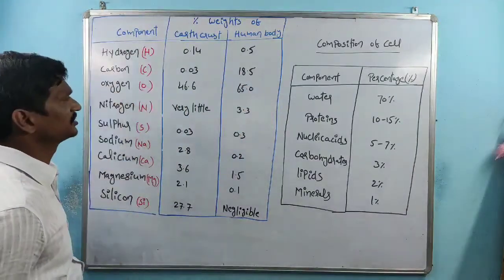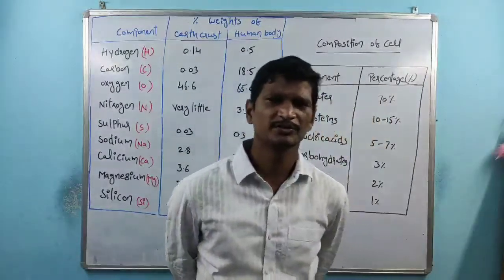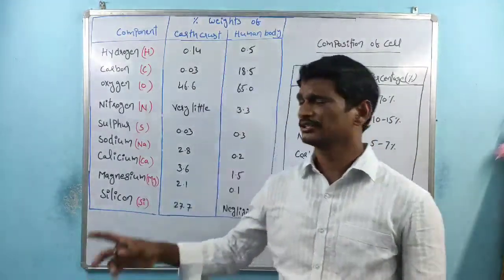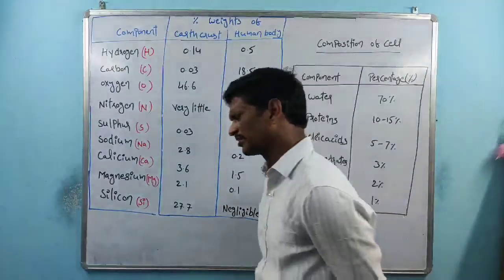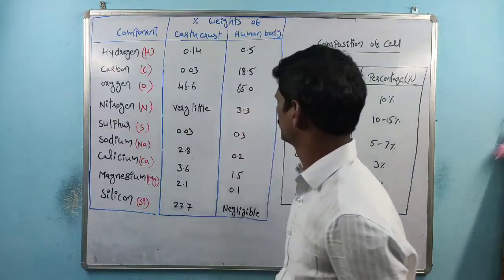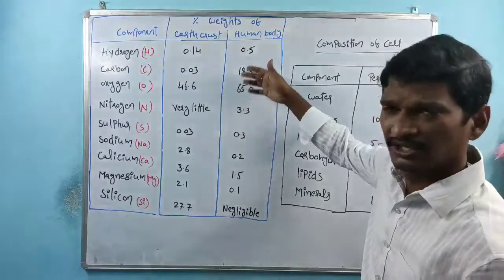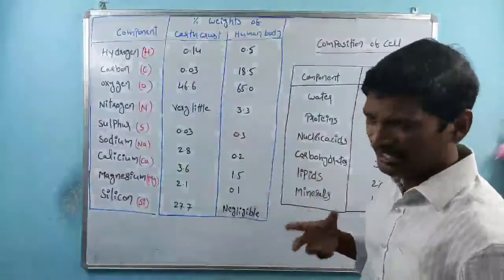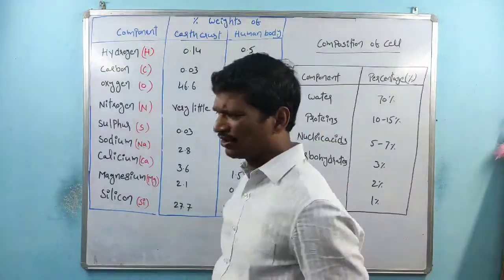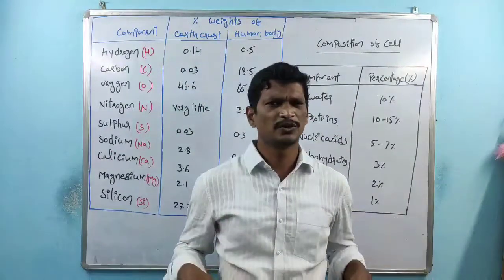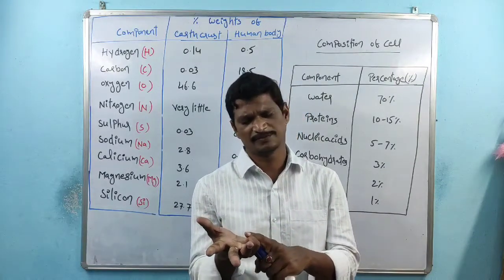Coming to oxygen, the oxygen percentage is 46.6 percent within the earth crust, and in the human body 65 percent. Here everybody has the doubt: sir, in all these components, which one is the highest percentage element within the human body? Oxygen, because oxygen is involved in tissue formation, protein formation, nothing but amino acids formation, right?